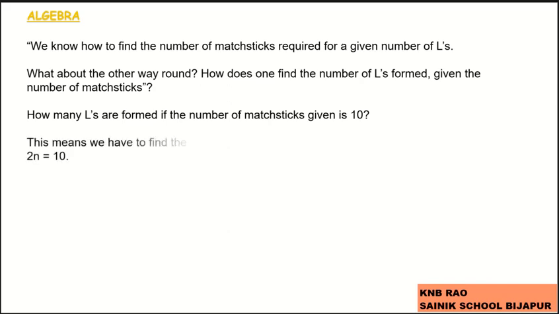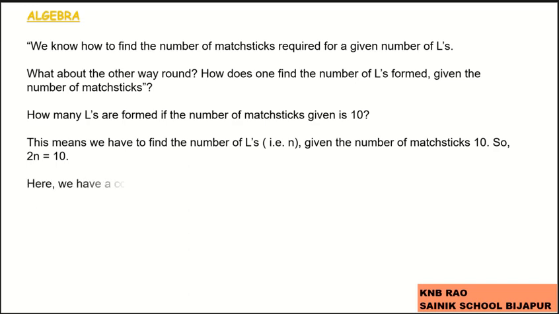This means we have to find the number of L's, that is n, given the number of matchsticks as 10, which means 2n equals 10. When 2n equals 10, that means the number of matchsticks is given as 10, what would be the number of L's formed?